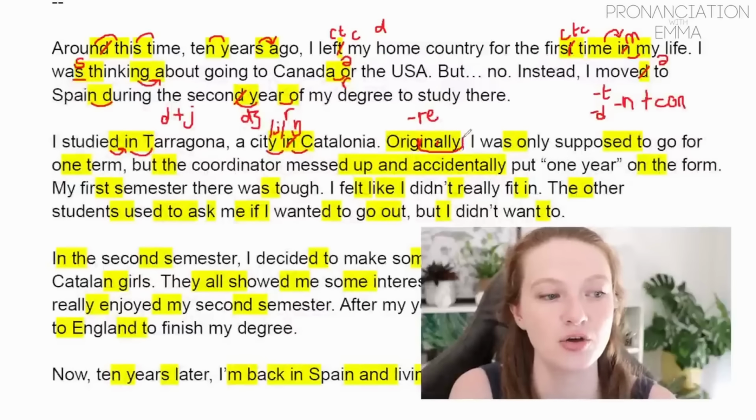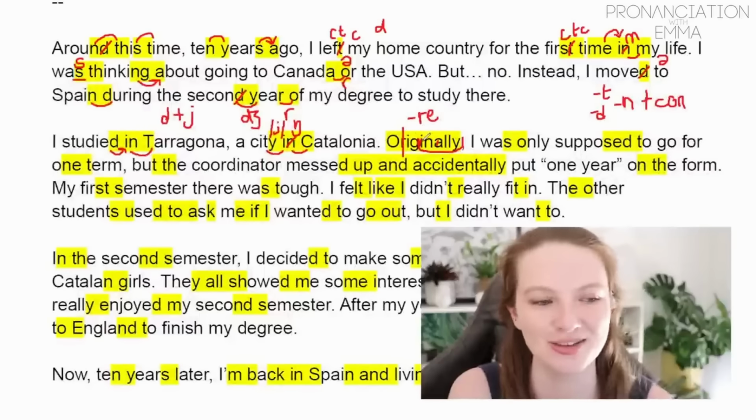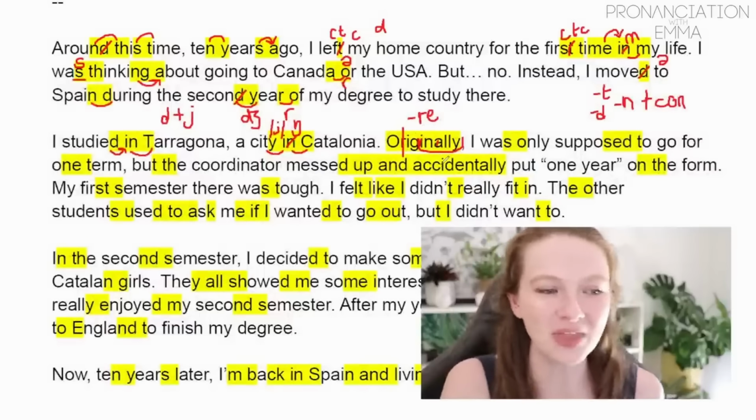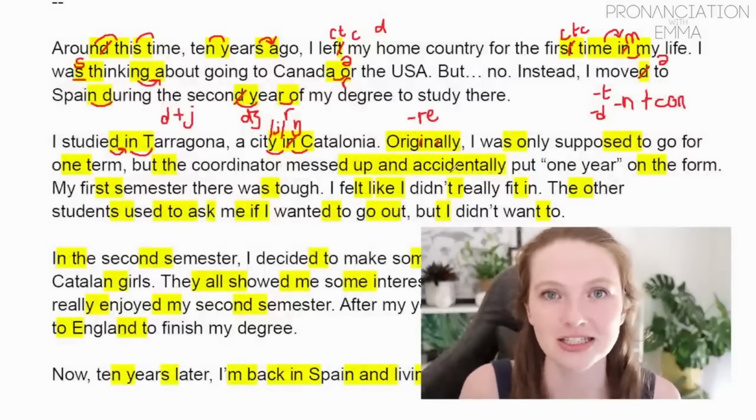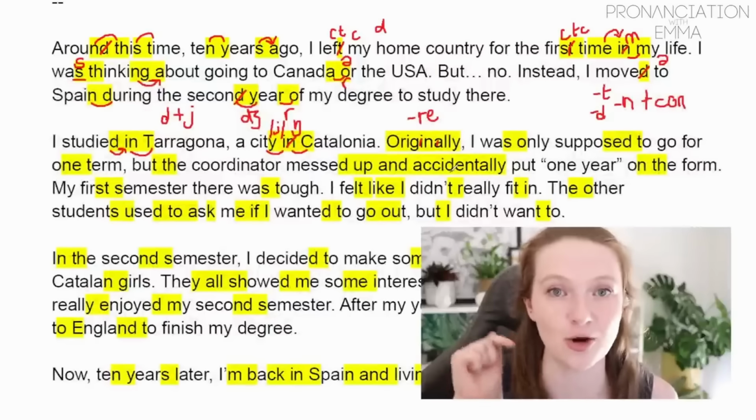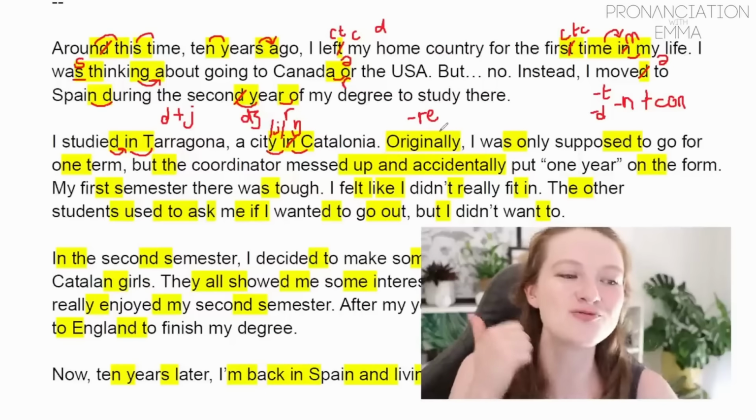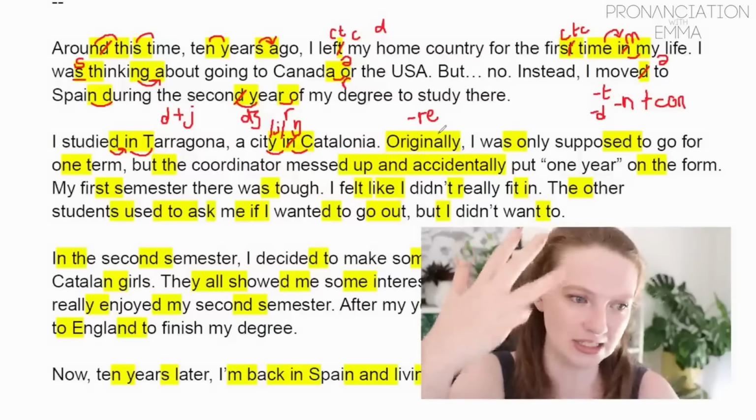It's like originally. It's kind of something like this. But I just wanted to highlight that we can cut syllables in words, and I have a video about that in the description. Though I need to do a remake of it. I need to do a more updated version because my microphone was terrible back then. So originally, four syllables.